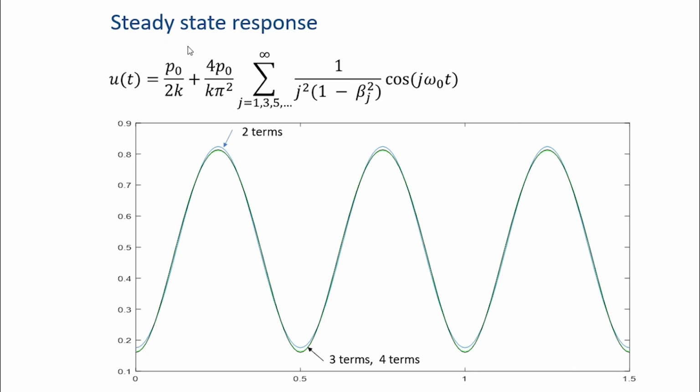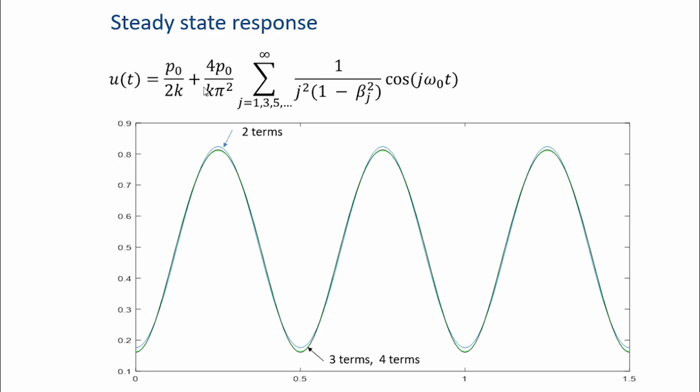So this is our expression for the steady state response, and this has an infinite number of terms. So theoretically this response is the sum of an infinite number of terms, but if we plot this expression we can see that only a few terms are necessary to calculate this response.